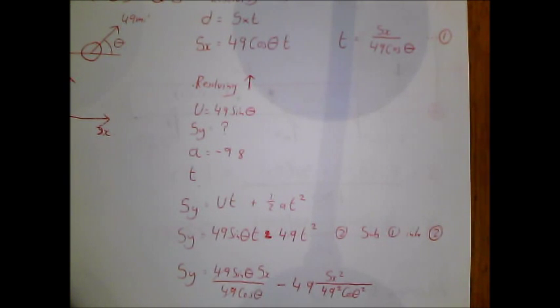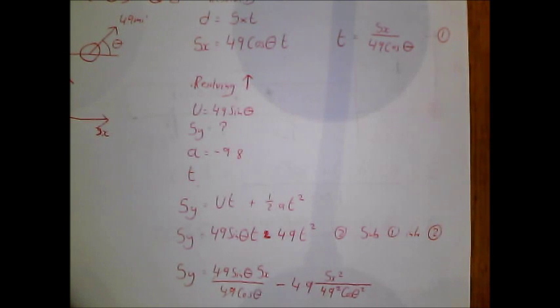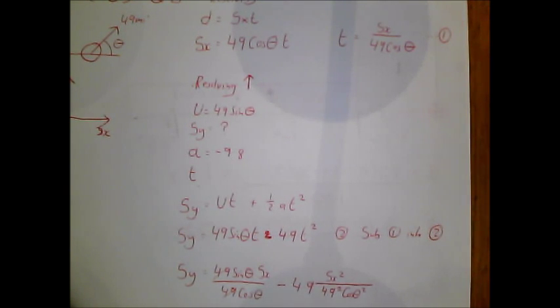So 30 equals 70 tan theta minus 70 squared, 1 plus tan squared theta, all over 490.